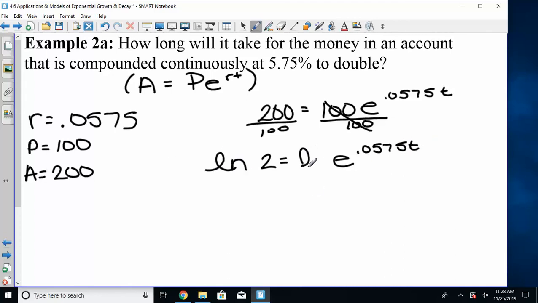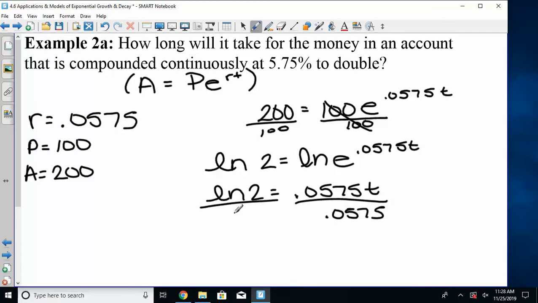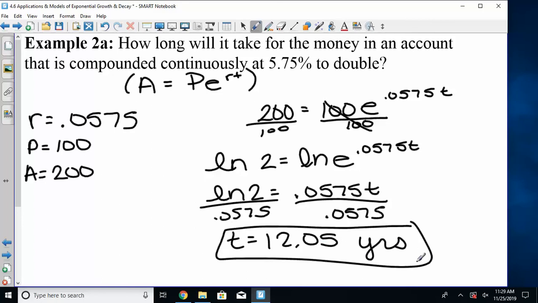Add our natural log. With that, the exponent comes down. If you choose, you could drop your natural log of e because it is a log base e. Those cancel. So I have the natural log of 2 divided by 0.0575. So it takes approximately 12.05 years to double.